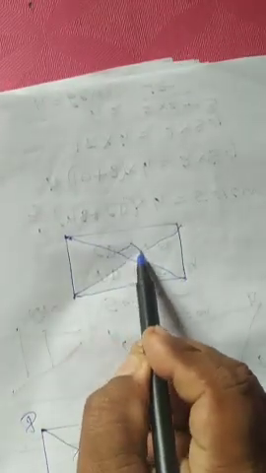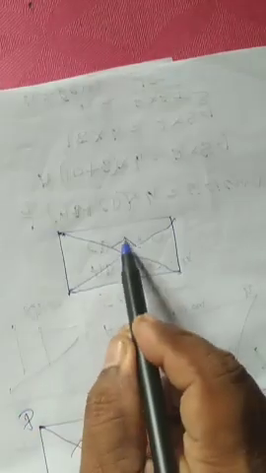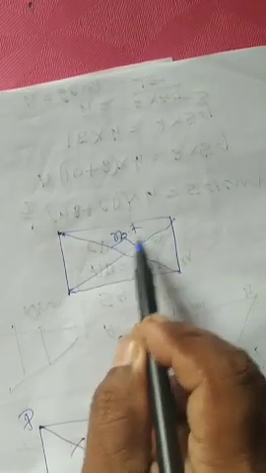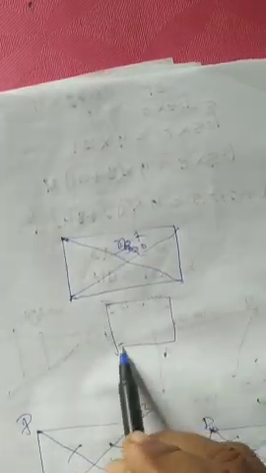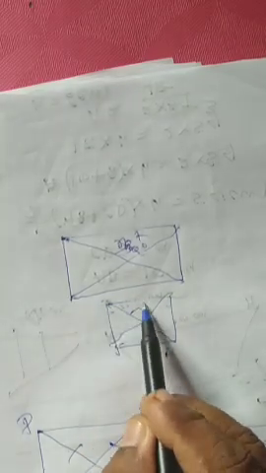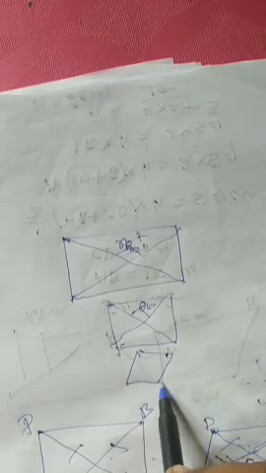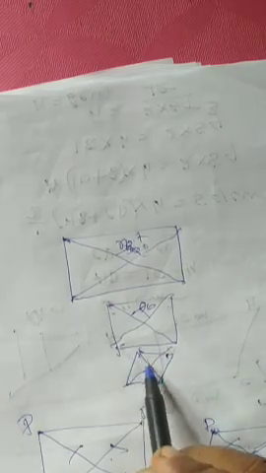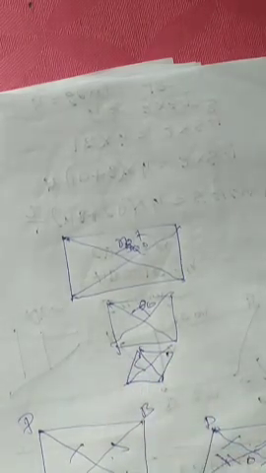That is, this angle is not 90 degrees. This is not 90 degrees. But in a square and rhombus, diagonals bisect perpendicularly. This is 90 degrees. In case of a rhombus, this is 90 degrees.